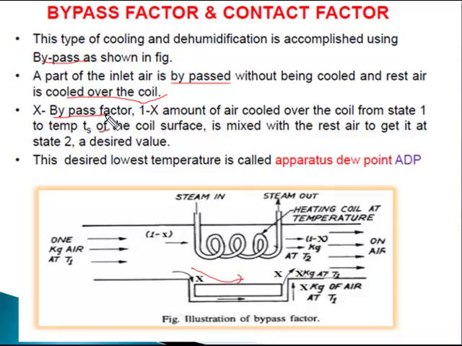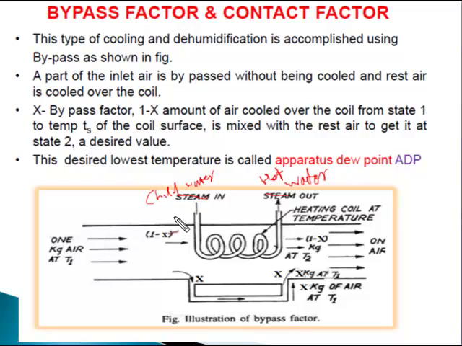X is the bypass factor, and 1 minus X is the amount of air cooled over the coil from state 1 to temperature Ts, the surface temperature of the coil, and is mixed with the rest of the air to get state 2, the desired value. This desired lowest temperature is called the apparatus dew point temperature.